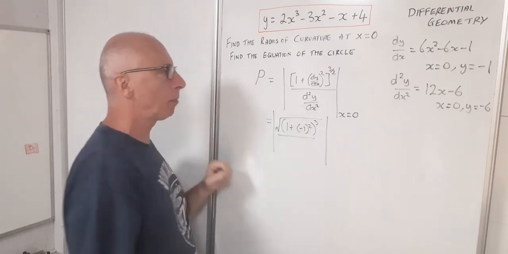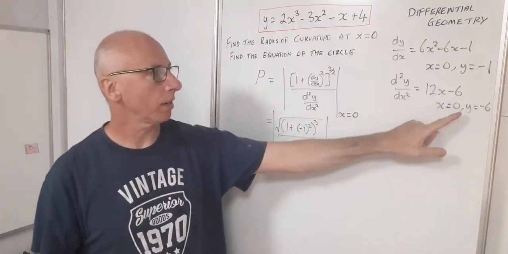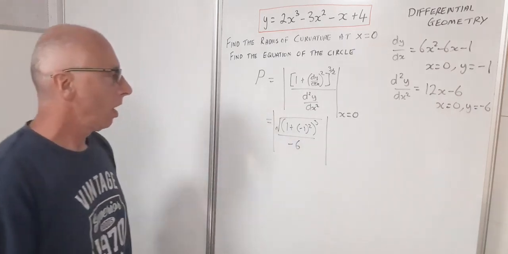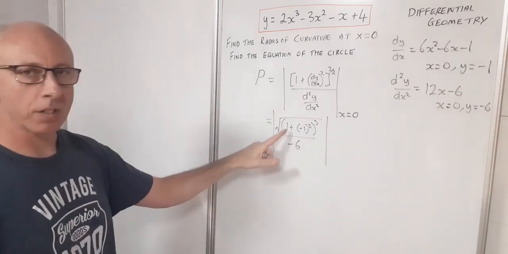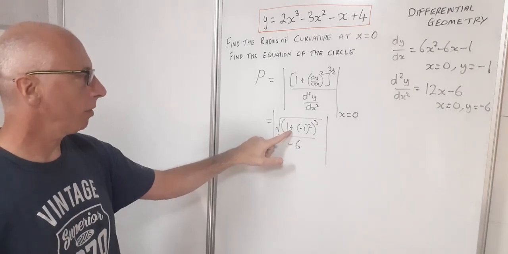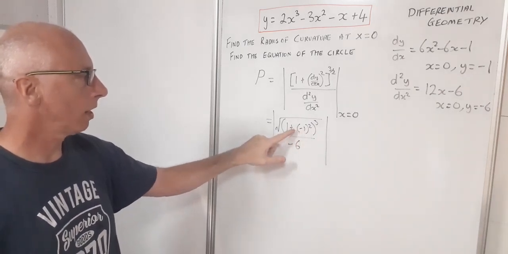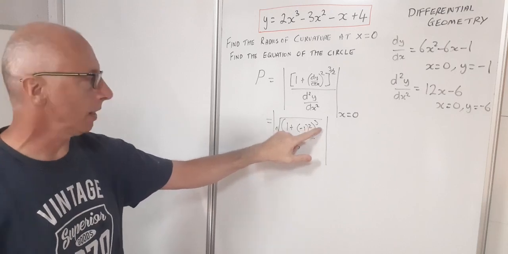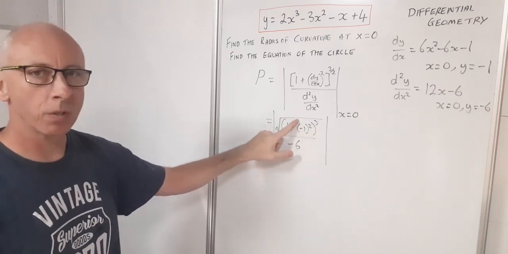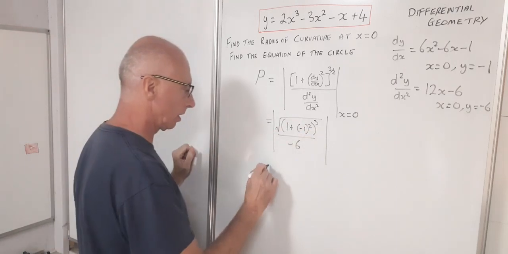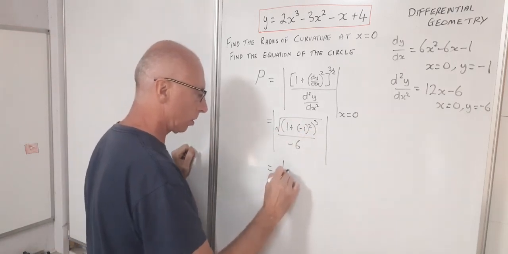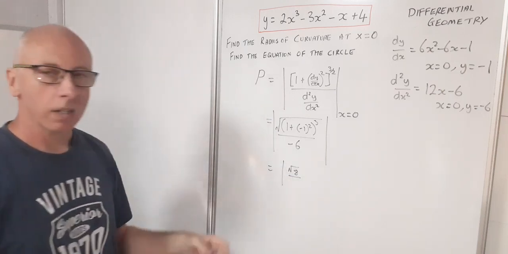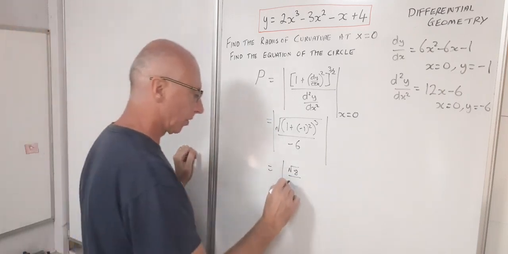And then we divide that by the second derivative at x equals 0, which is minus 6. Okay, now let's go through this pretty carefully. 1 plus minus 1 squared, well, minus 1 squared is 1, so that gives me 2. 2 cubed is 8. And then on our numerator we've got the square root of 8, divided by minus 6.